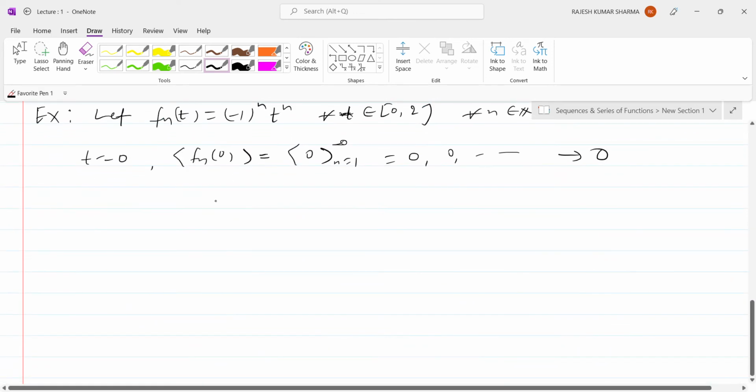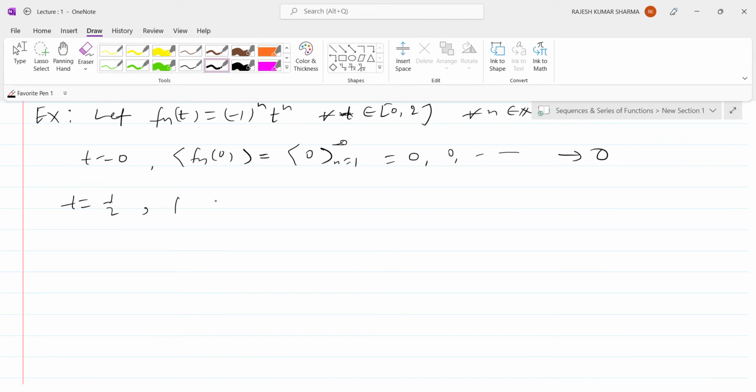At t is equal to 1 by 2, f_n(t) equal to (minus 1) to the power n into (1 by 2) to the power n. The sequence f_n(1 by 2) is converging to 0.